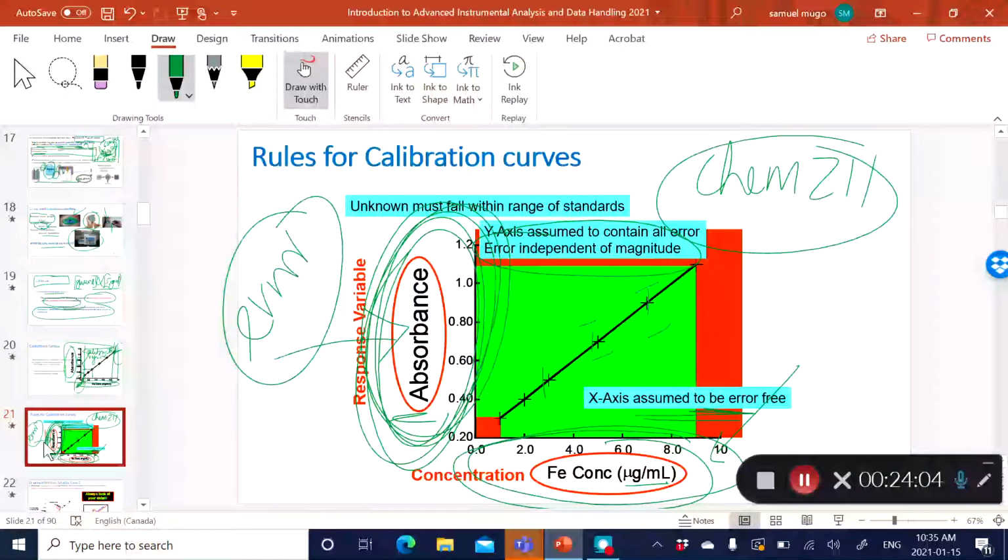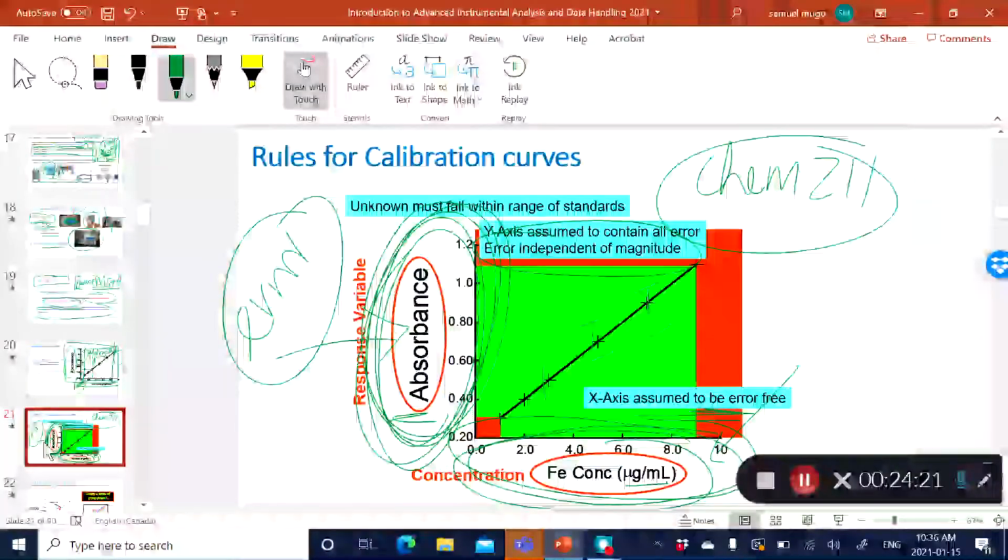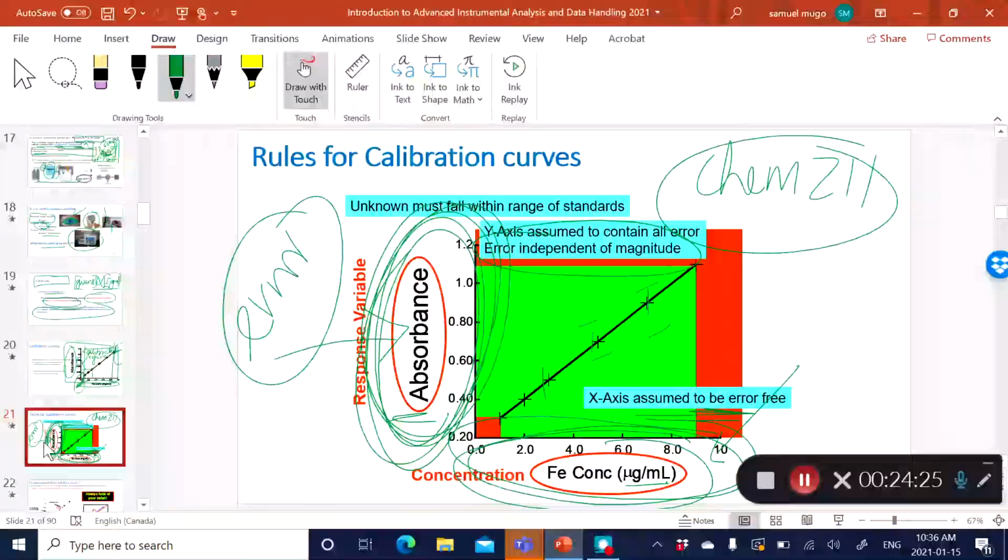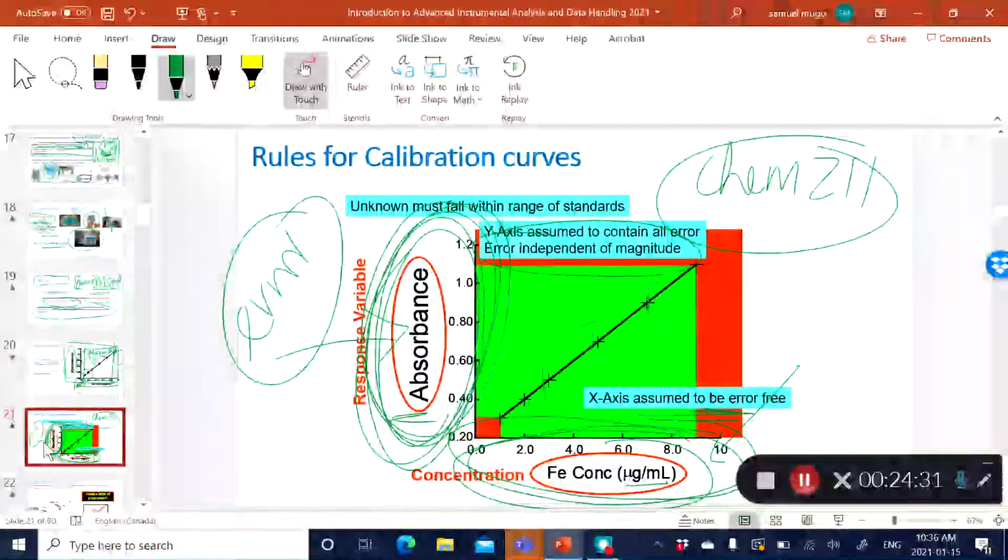You are taught how to do quantitative transfer and so on very, very accurately. And the purpose for doing all that was to make sure that there is no error in the x-axis at all. You are taught to even calibrate things like pipettes, to calibrate the micropipette and so forth. And that is the reason, so that you make sure that the concentration of the standards is very, very accurate. So take note of that.